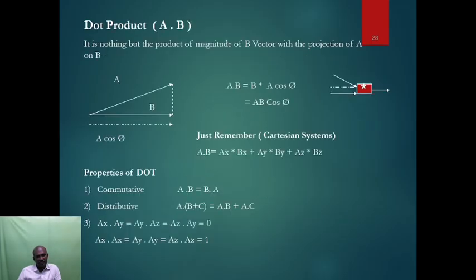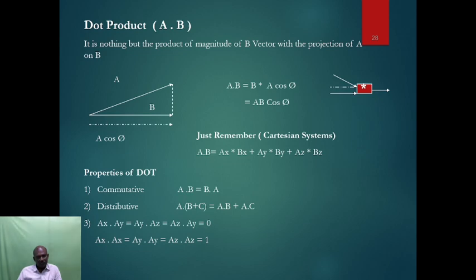The dot product A dot B is AB cos theta or BA cos theta, that is AxBx plus AyBy plus AzBz. They are also the three-dimensional magnitudes of the vector in X, Y and Z directions.